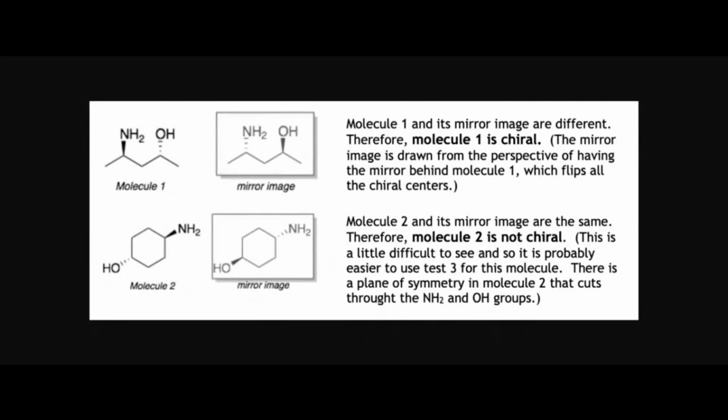Molecule 1 is chiral. The mirror image is drawn in a perspective having the mirror behind molecule 1, which flips all the chiral centers. Molecule 2 and its mirror image are the same. Therefore, its mirror image is not chiral. This is a little difficult to see, so it'll probably be easier to use a certain test for symmetry for the molecule. Okay, so let's go through any problems that bring up chirality.